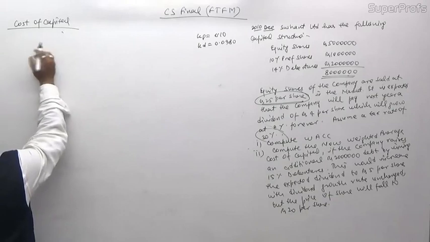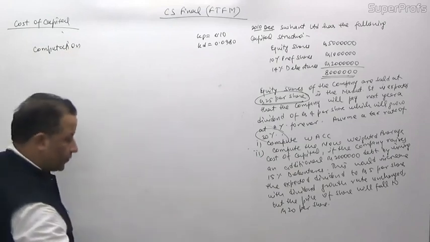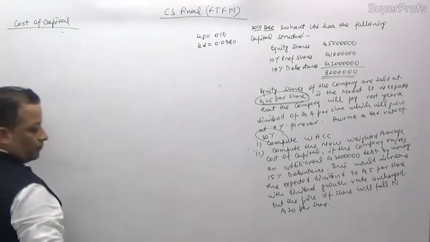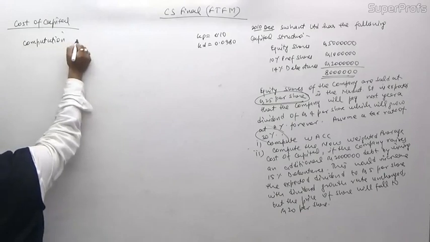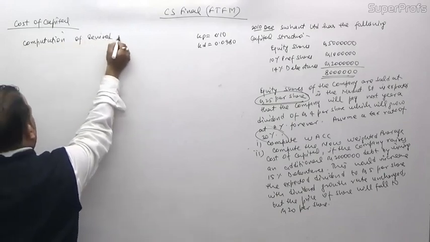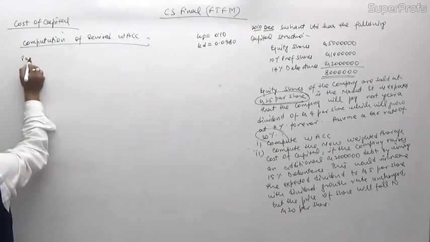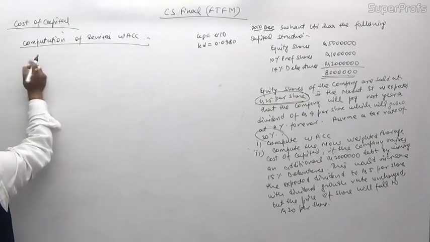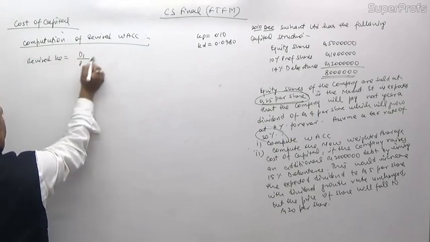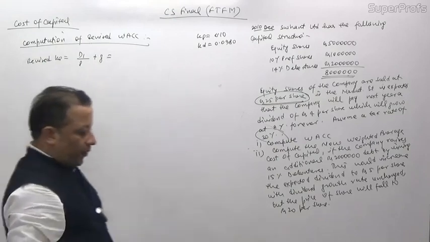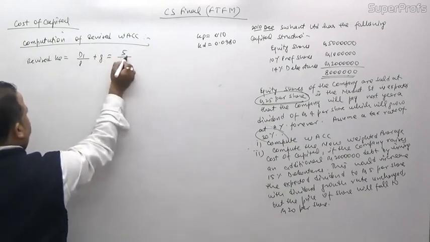So computation of revised cost of equity: D1 divided by P plus G. The next expected dividend increased to rupees 5 per share.